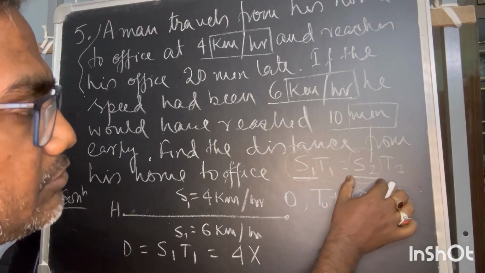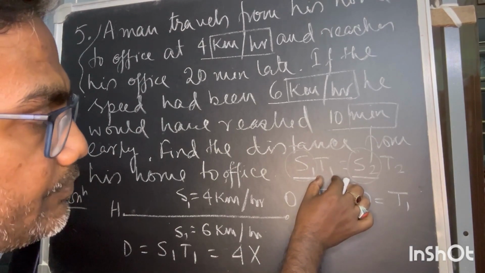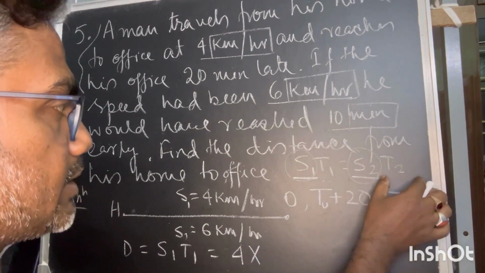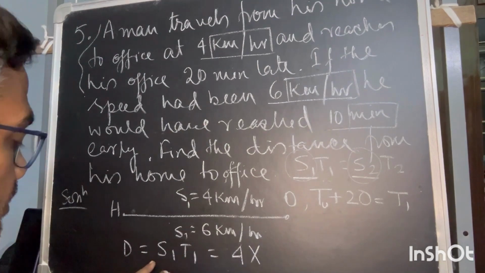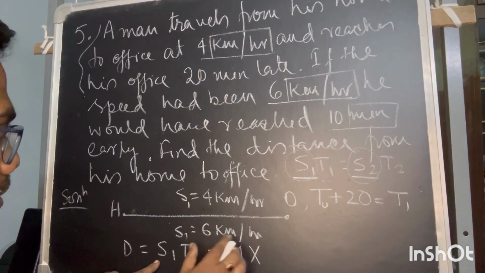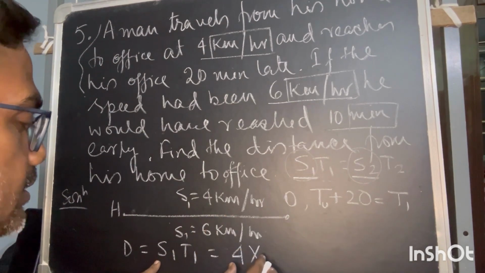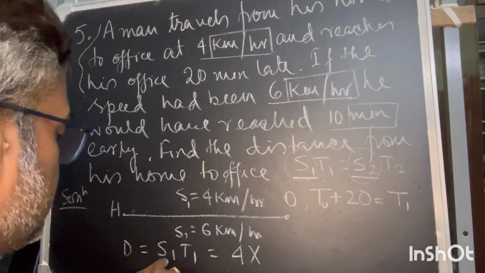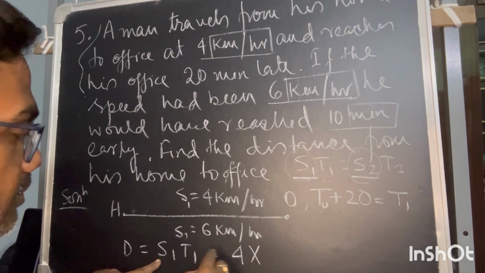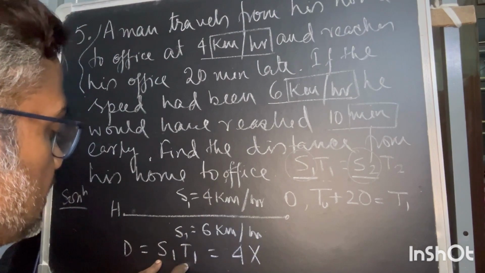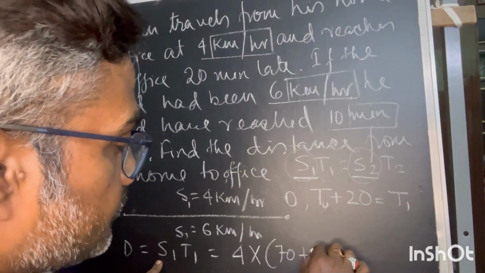The S1 and S2 units are cancelled, only the time unit is remaining, as this is unknown. So this time is taken without changing the units. Now here I am doing kilometer per hour with time in minutes, that will not merge with each other, so you have to change it. How will you change that? S1 is 4, I am using the first case where distance is S1 into T1, 4 into T1, that means the usual time, that means 70 plus 20.